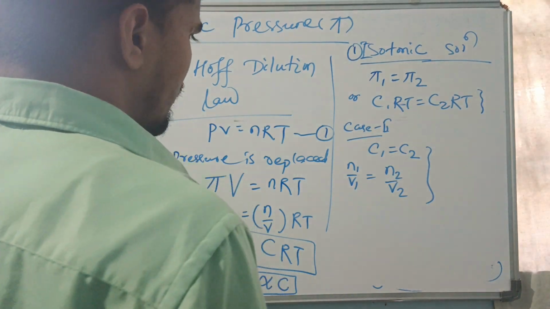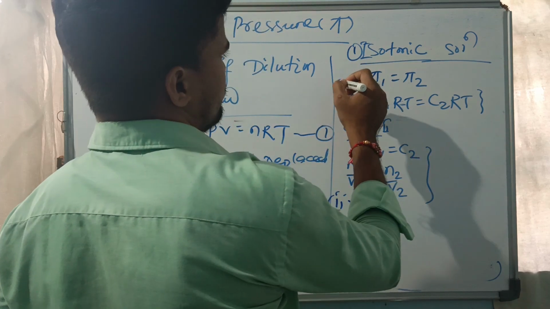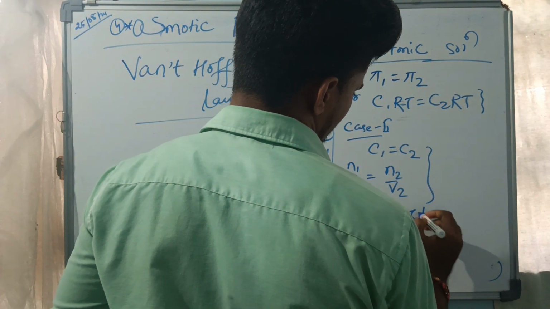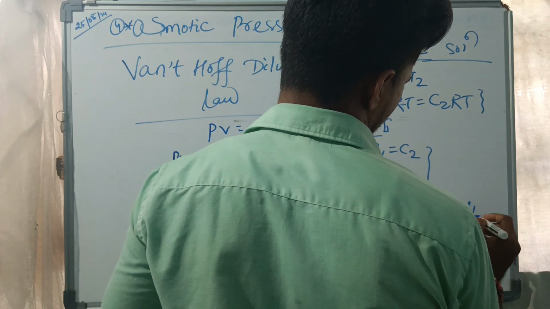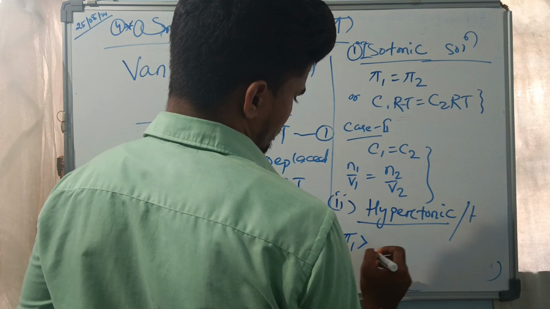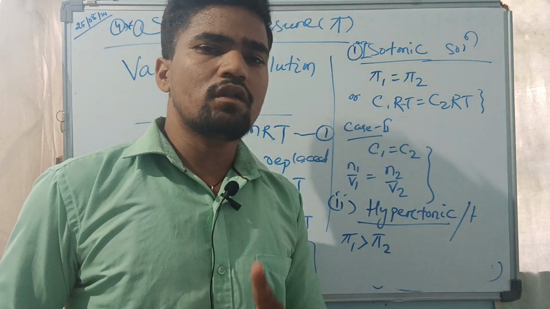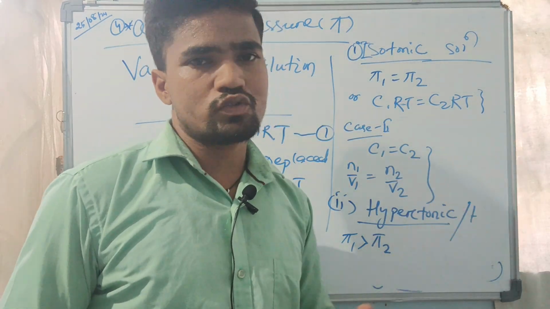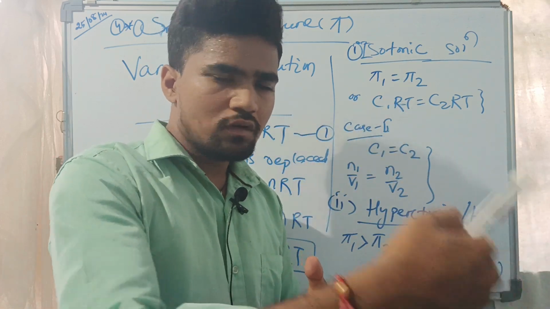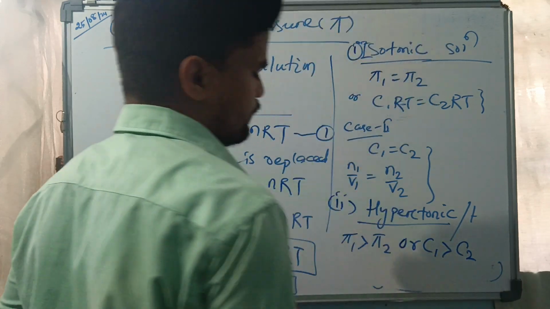Now the other one is hypertonic and hypotonic. Hypertonic is whenever pi 1 is greater than pi 2, that means between two solutions, one solution has a greater osmotic pressure compared to the other. Otherwise the concentration of one solution is greater than the other, C1 greater than C2.